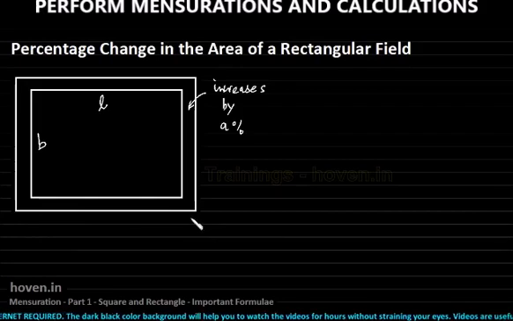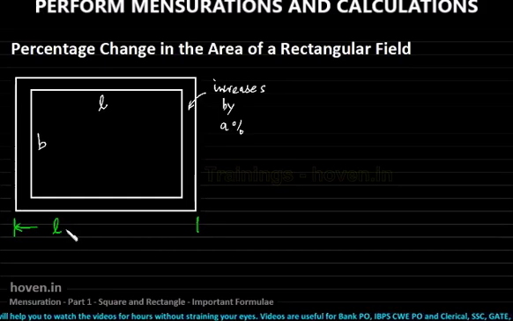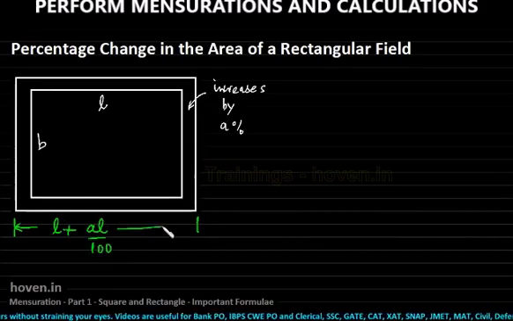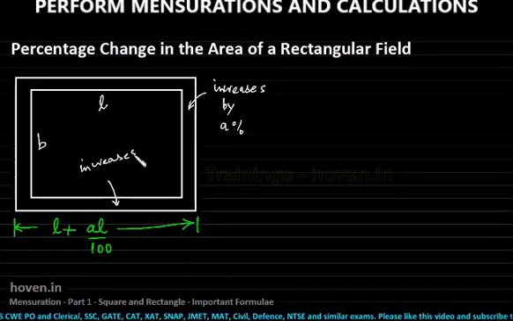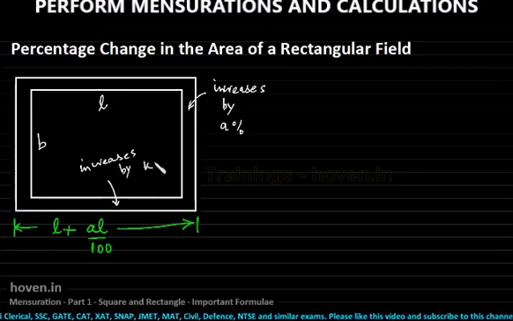The entire length increases by a%. So the new length, this length becomes L plus aL by 100. And let us suppose the breadth has also increased by k%.